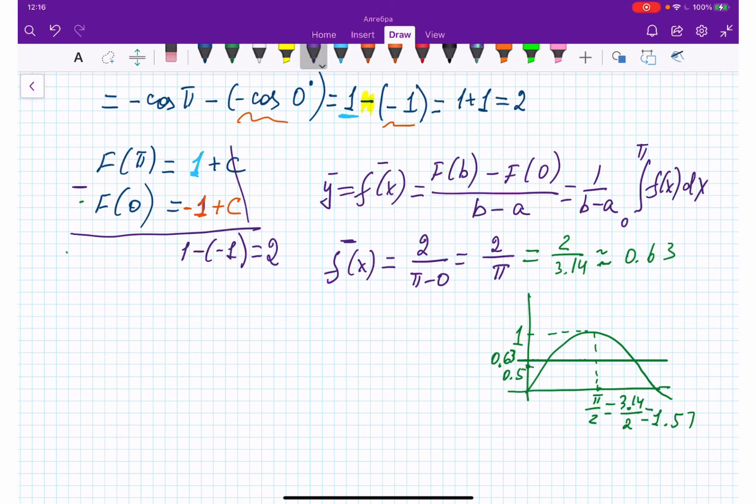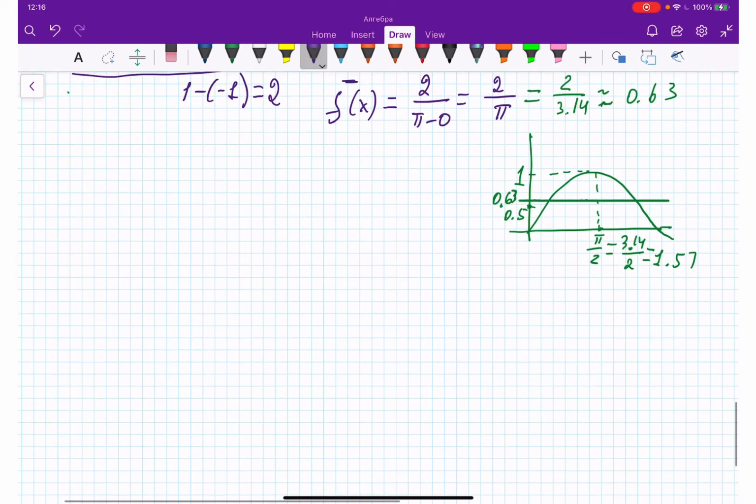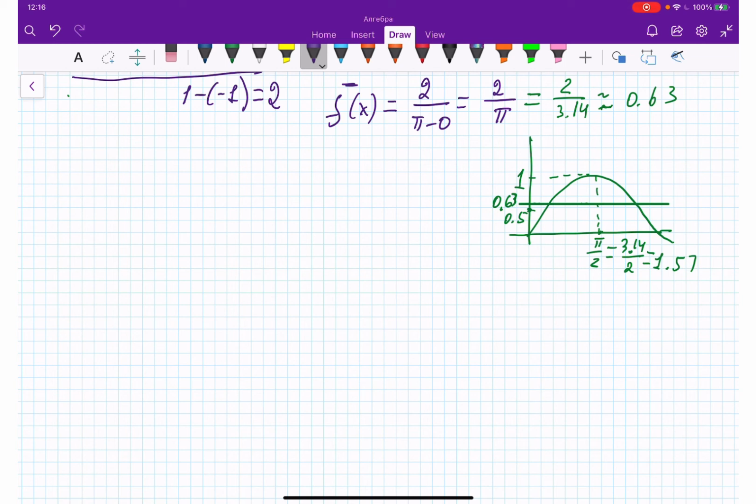Moving to next question. Next question we are going to have, it's going to be find the average value of the function y is equal natural logarithm x on interval 1 to e.